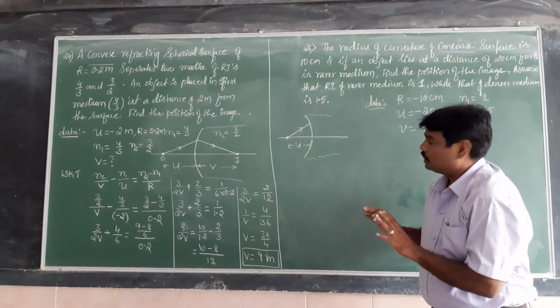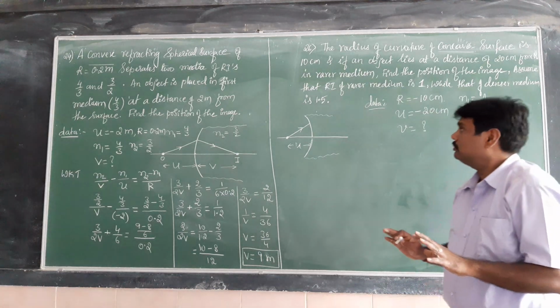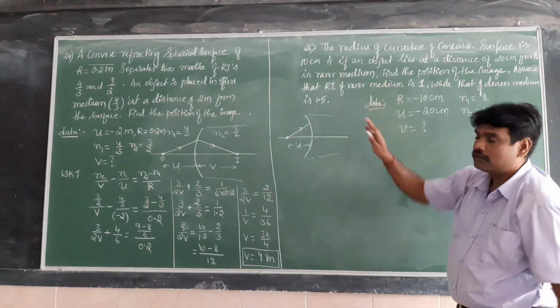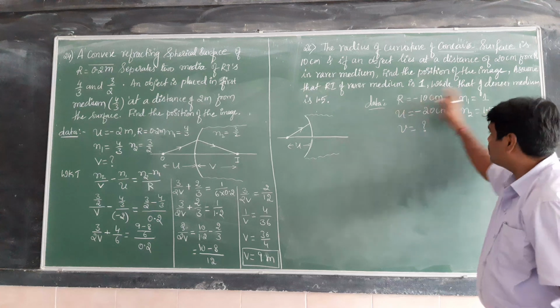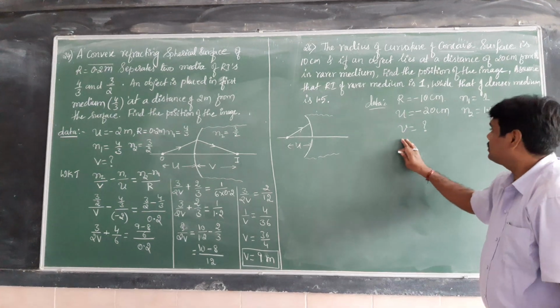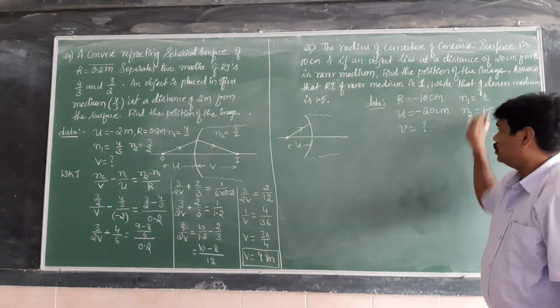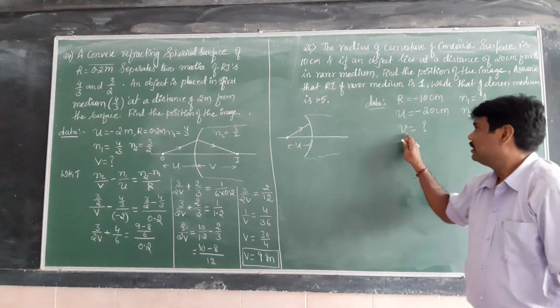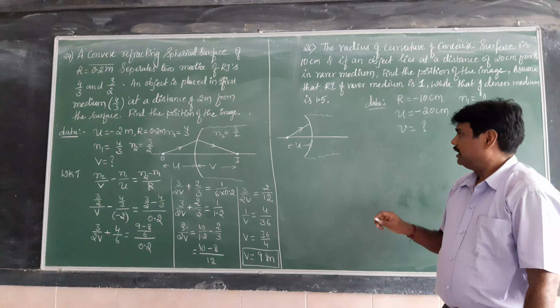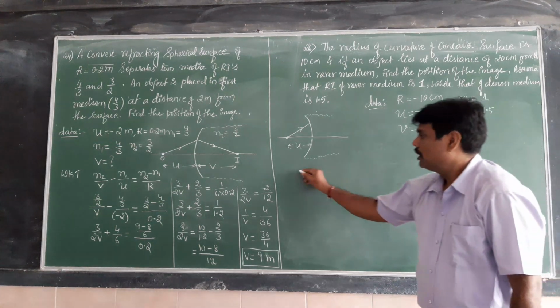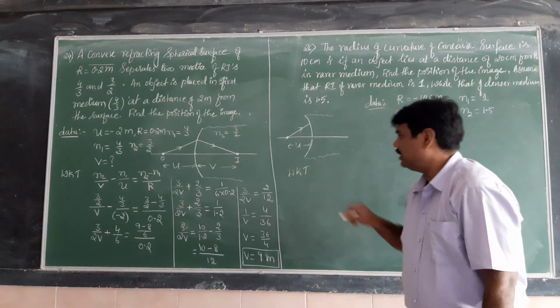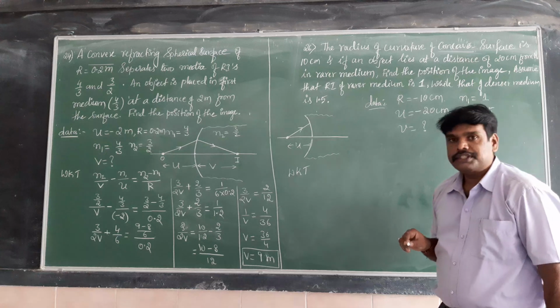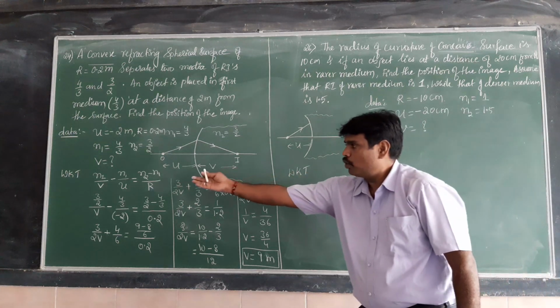First of all, you should understand the problem. List out all the given data and choose the suitable formula to calculate the required data. According to the relation for the curved surface, we already used that formula.